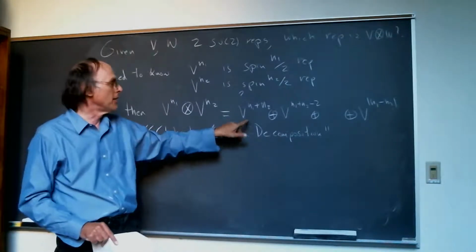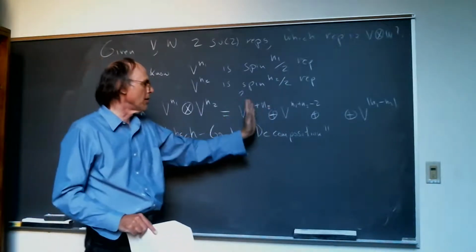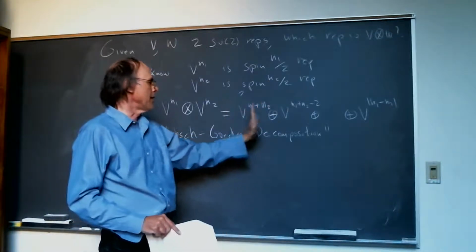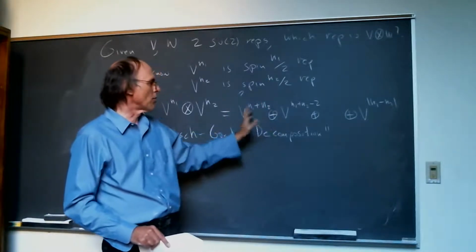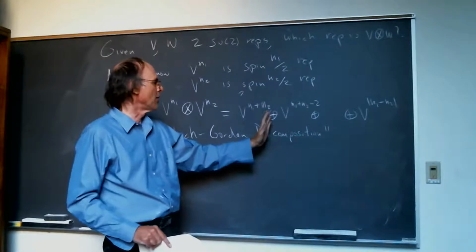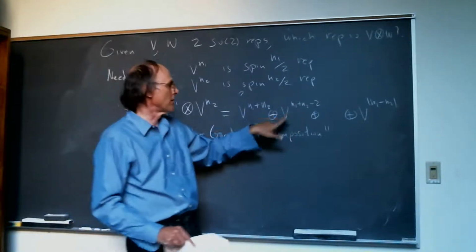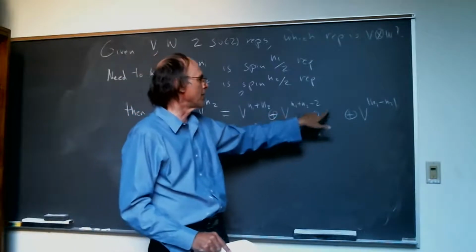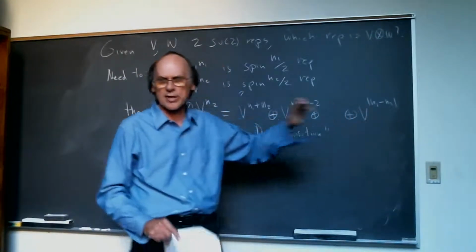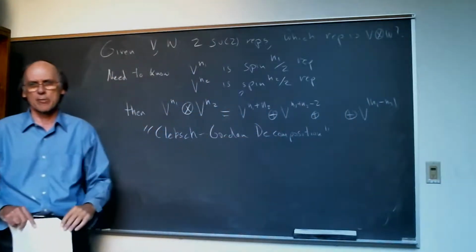Then you ask, now what about the complement? What about the orthogonal subspace to this one? And then you find another one, and then what about the orthogonal subspace to these two? And you find another one, and then you find stuff here. So it's a complicated argument to try to do that.